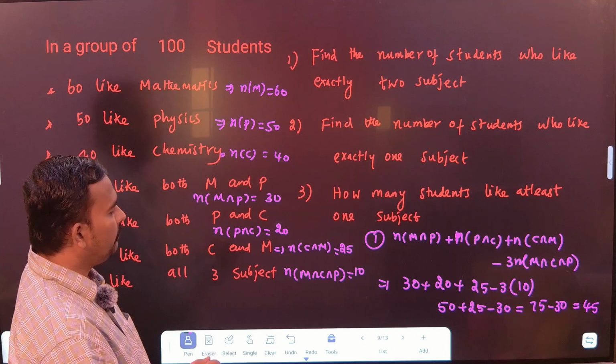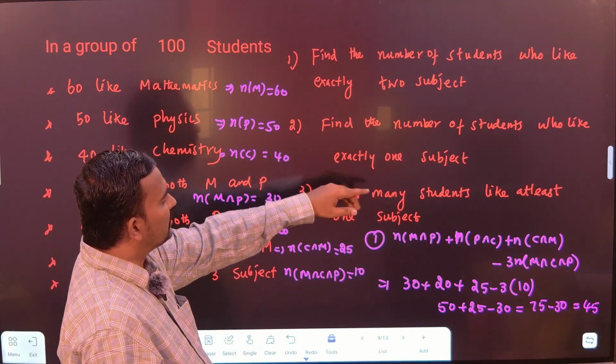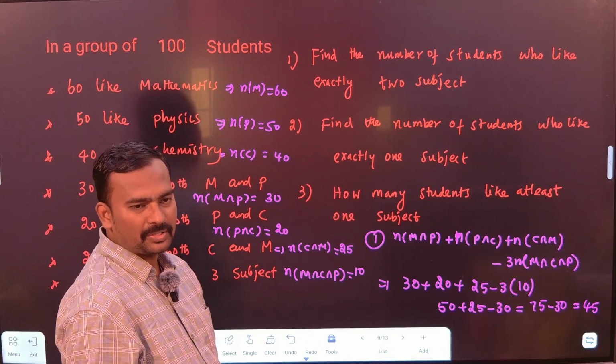Understood? The same way, you can apply it for the number of students who like exactly one subject. You can use that formula, right?